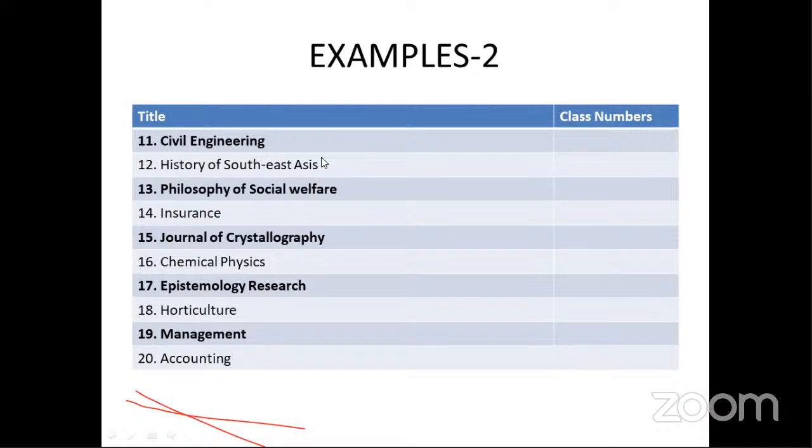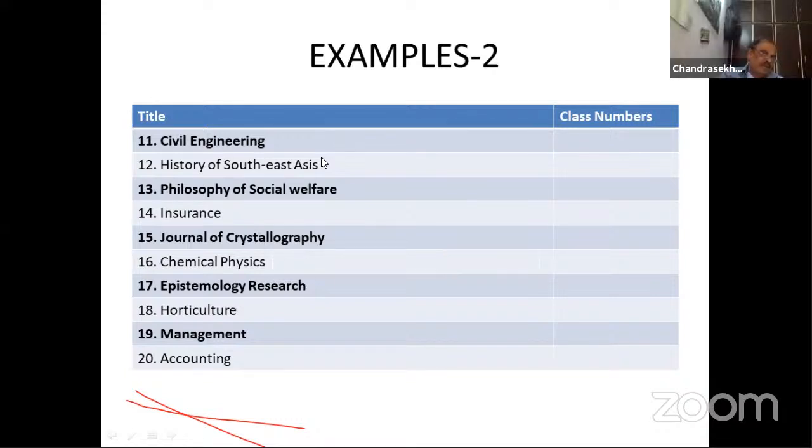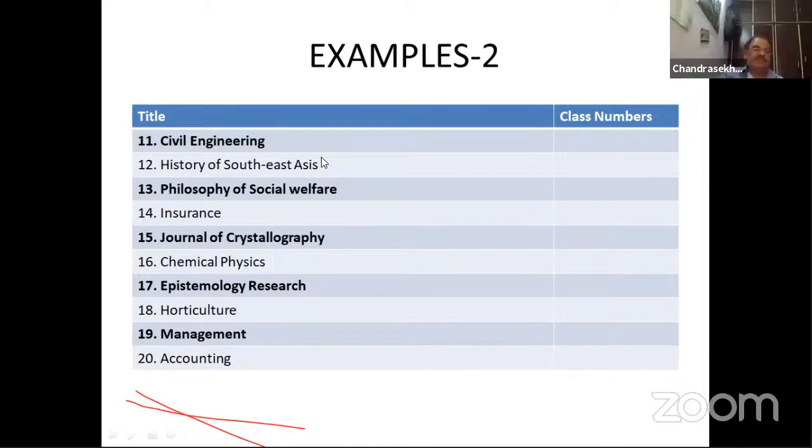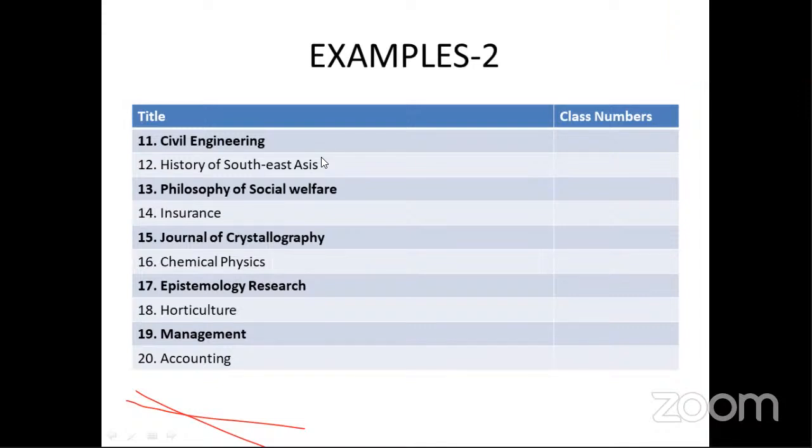Again, research we should go. 121, sir. 121 is epistemology. Research is not given much.